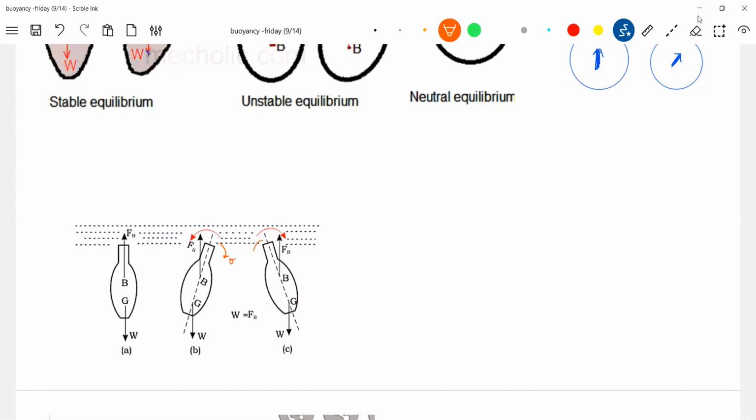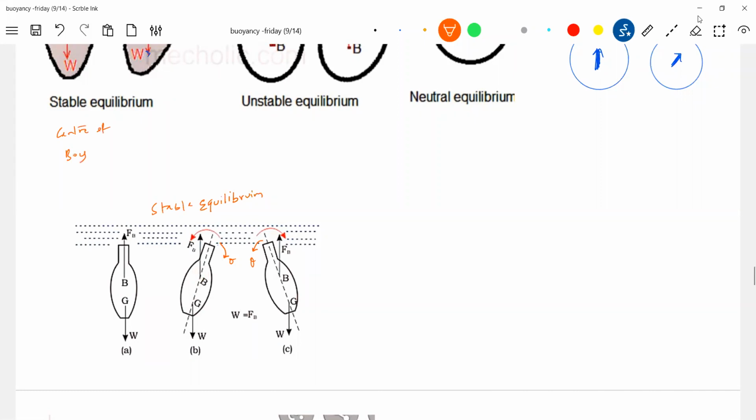Theta is like this. This is explaining only stable equilibrium. So for stable equilibrium, what is the necessary condition? The center of buoyancy should lie above the center of gravity. Am I right? So shall I put the simplest conclusion?